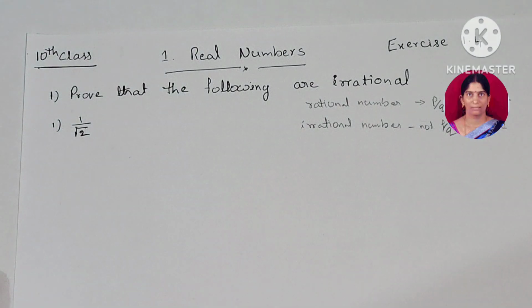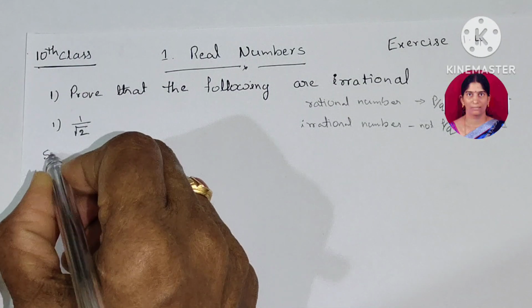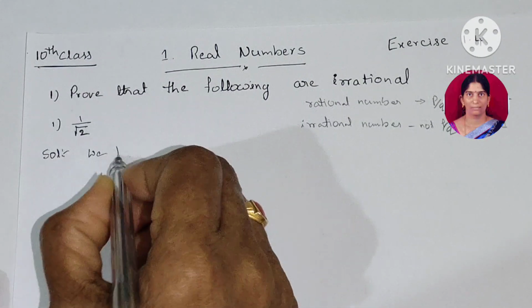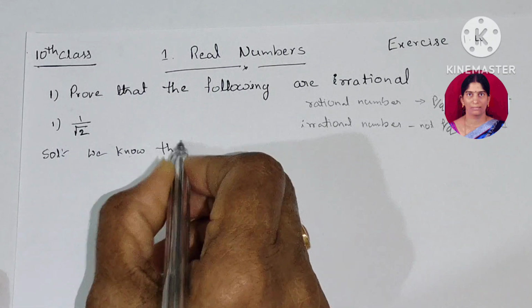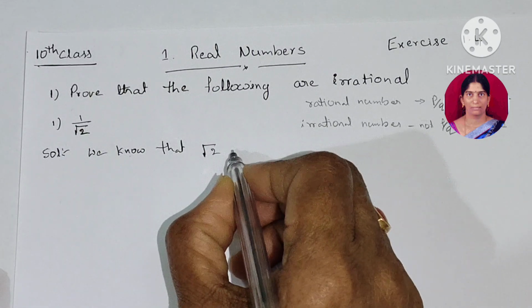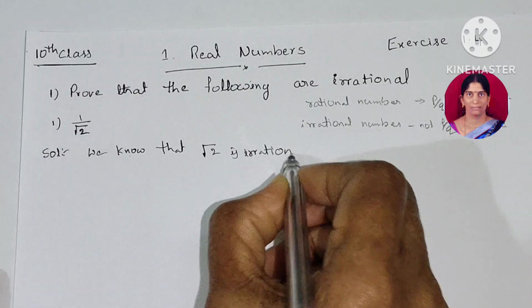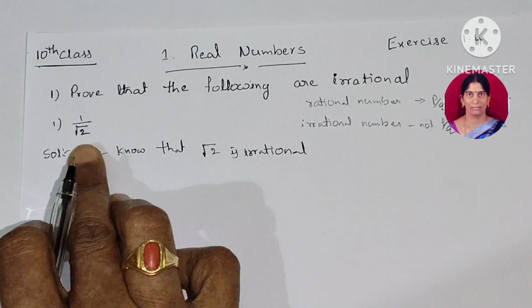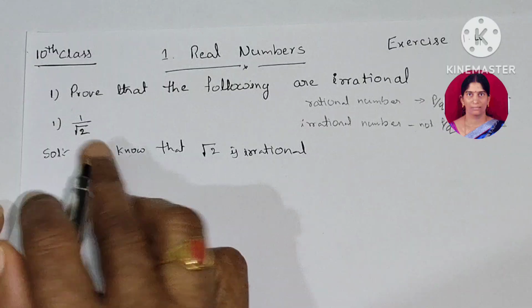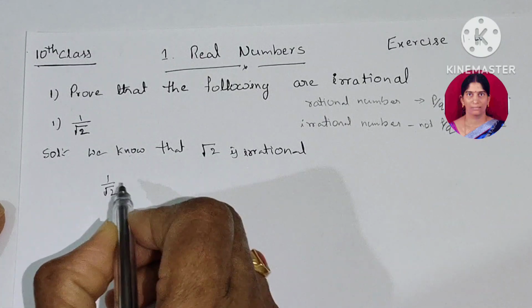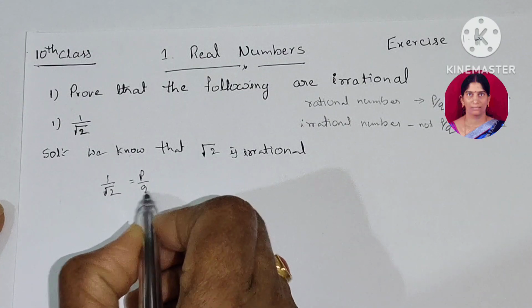Already we know that root 2 is irrational. So here we take 1 by root 2 equal to p by q.